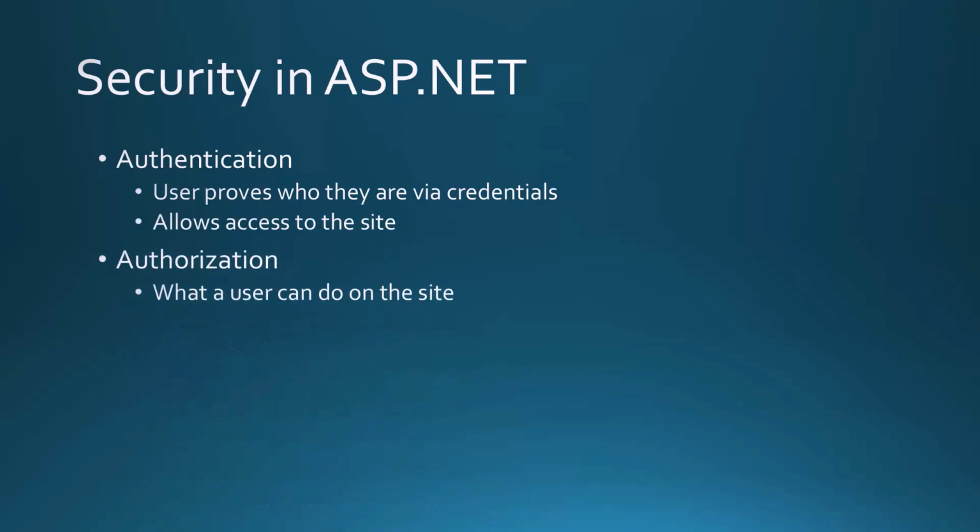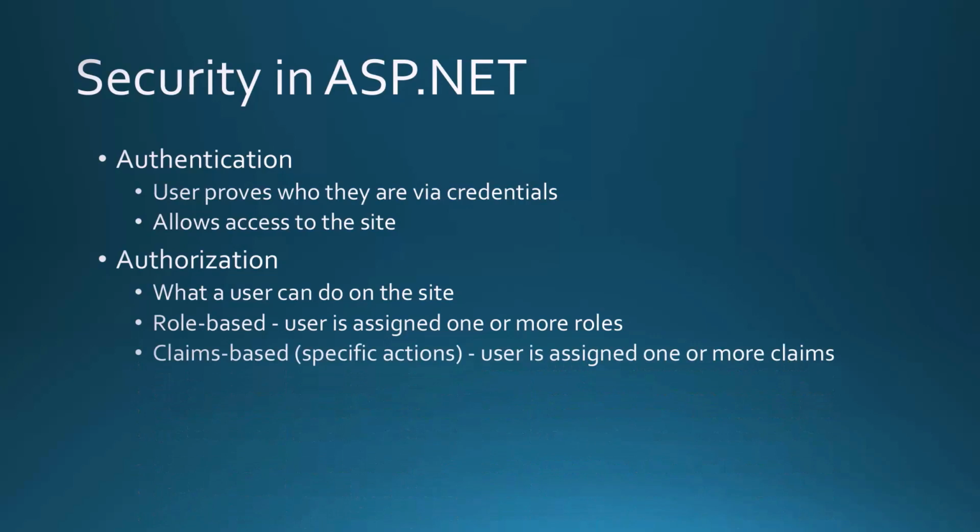Authorization means what a user can do once they've been granted access to the site or to the set of APIs. And authorization can be role-based, where a user is assigned to one or many roles. It can also be claims-based, or specific actions that they can perform, where a user is assigned one or more claims. We can then secure each endpoint based on the role or the claims.